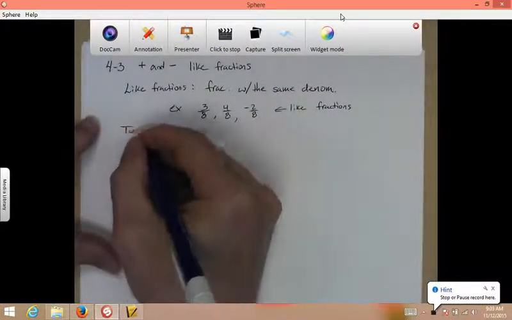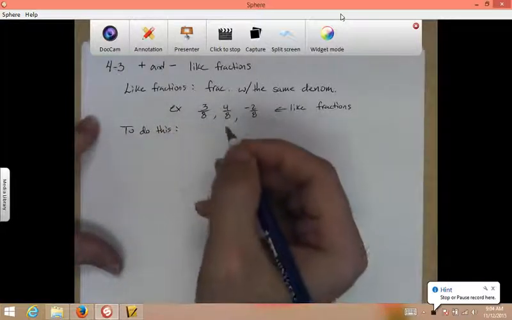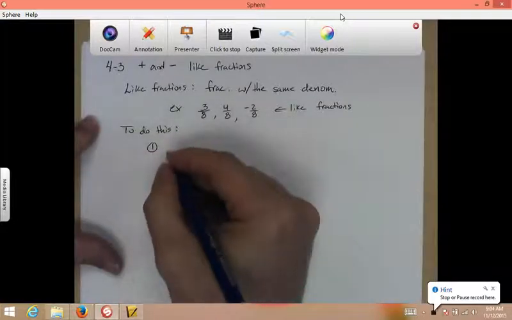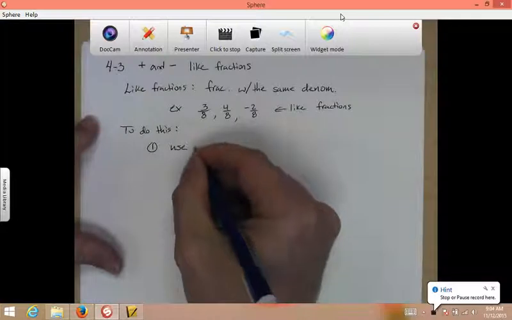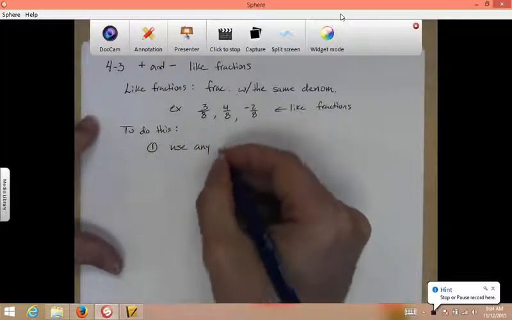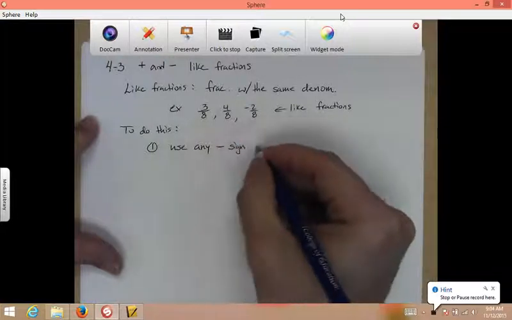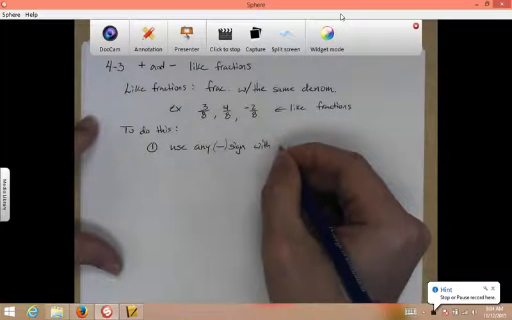Well, to do this, a couple things. One, use any negative sign with the top numbers.